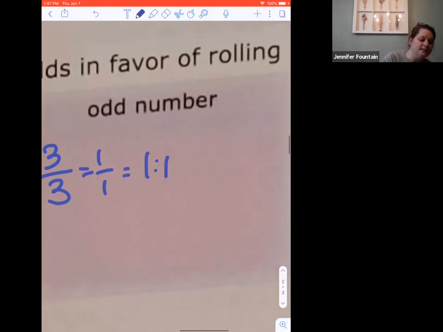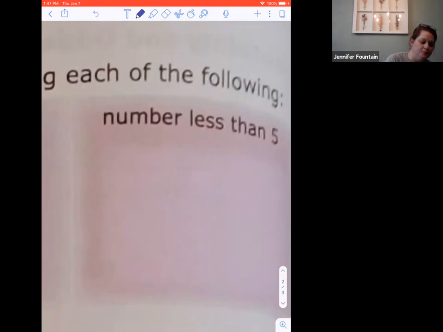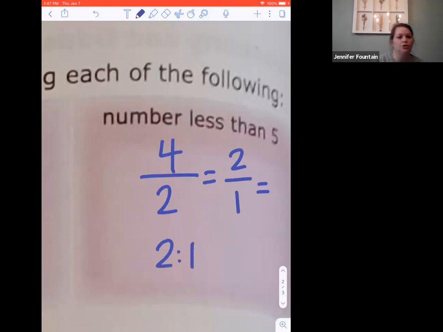Now my number less than 5. We already said that we've got 4 numbers less than 5. If we have 6 possible numbers, we have to subtract the 4 from 6. So that leaves 2. So now I have 4 to 2. I'm going to reduce that, and that would be 2 over 1. So I'm going to leave it as 2-to-1.